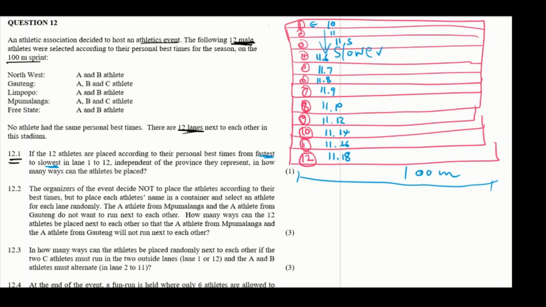So let's say you place these athletes according to their best times, and these are examples of the times I've stated, and you neglect the fact that they come from different provinces.